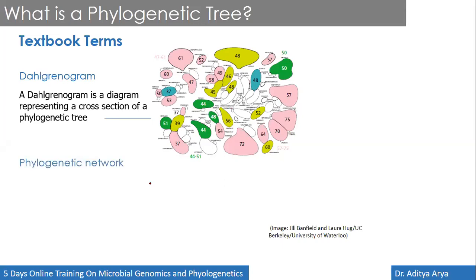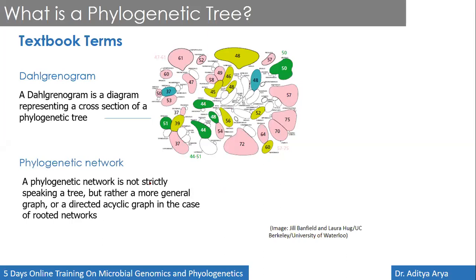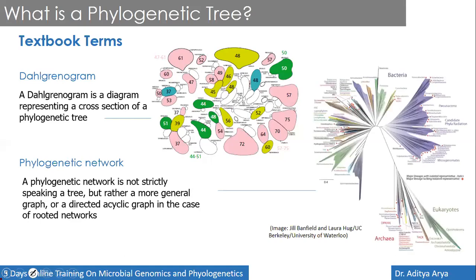Then the next one, another kind of cladogram, is known as phylogenetic network. This is a much broader term, when you have one phylogenetic tree connected with another phylogenetic tree, and there are many phylogenetic trees which are joined together. Then they together make a very, very complex network, and that's known as phylogenetic network.